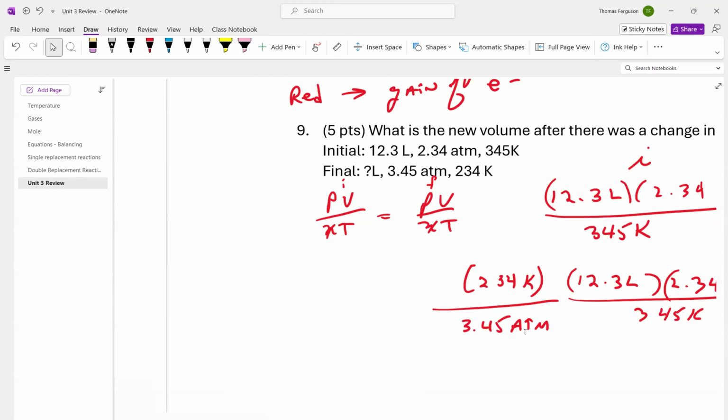Okay, now I want to do one more thing. I'm going to introduce you to Unit 4.